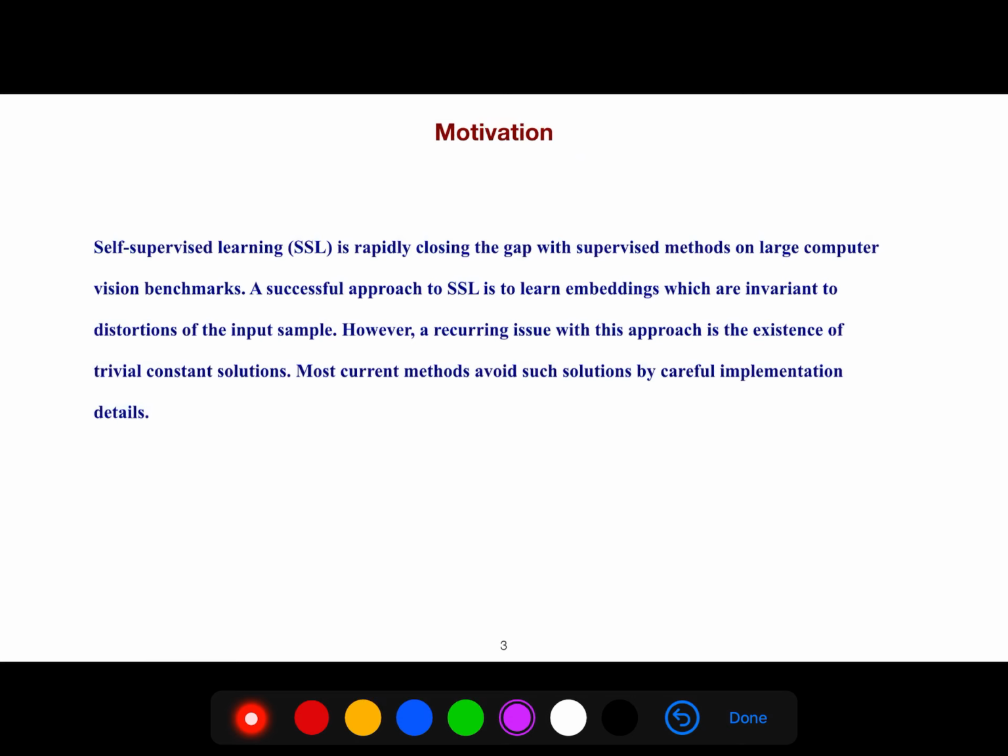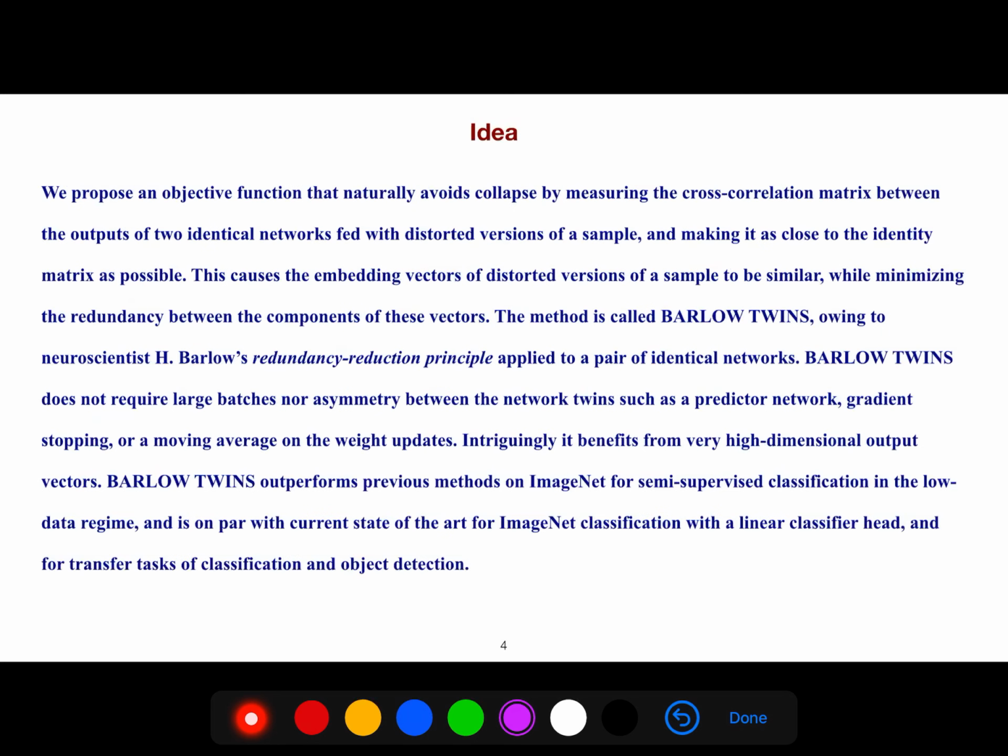Self-supervised learning is rapidly closing the gap with supervised methods on large computer vision benchmarks. A successful approach to self-supervised learning is to learn embeddings which are invariant to distortions of the input sample. However, a recurring issue with this approach is the existence of trivial constant solutions. Most current methods avoid such solutions by careful implementation details.